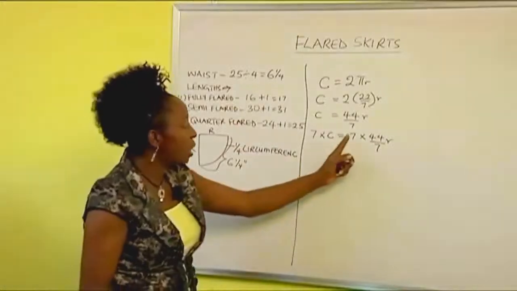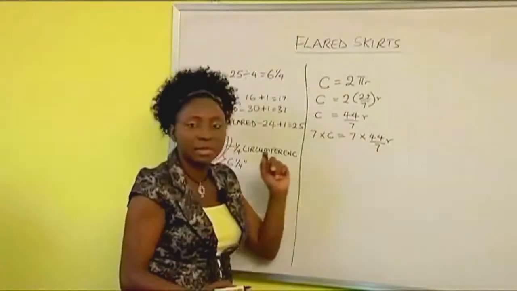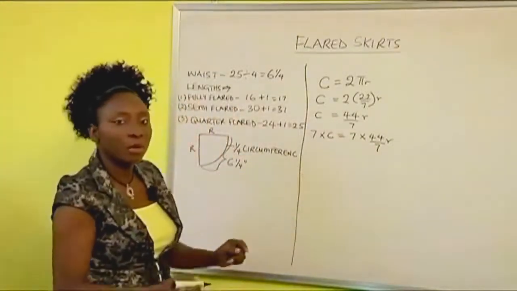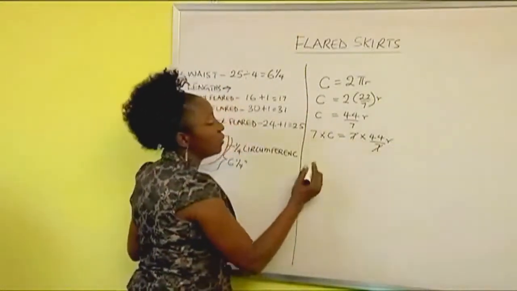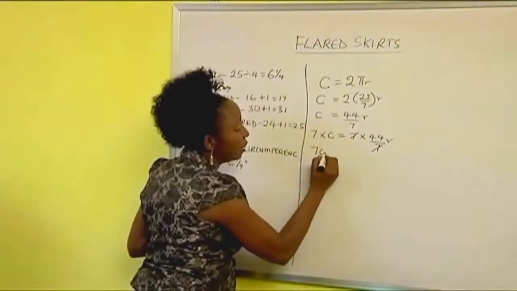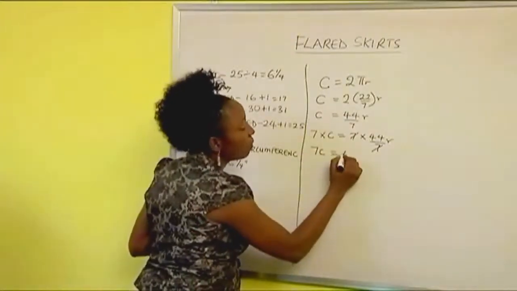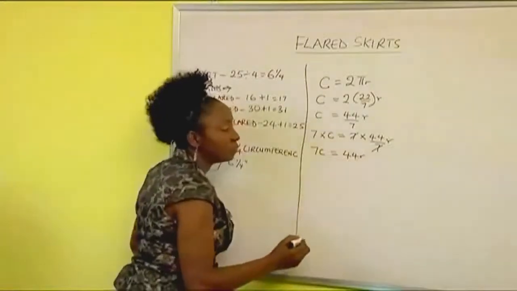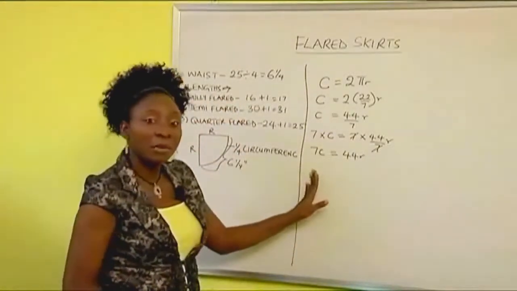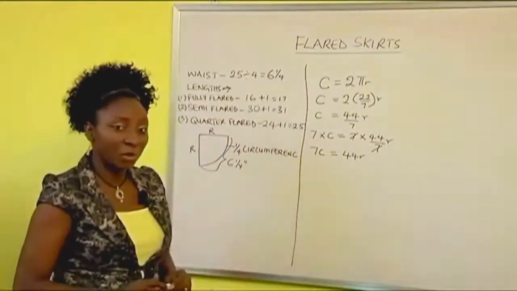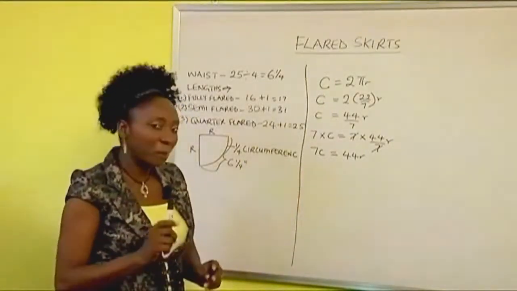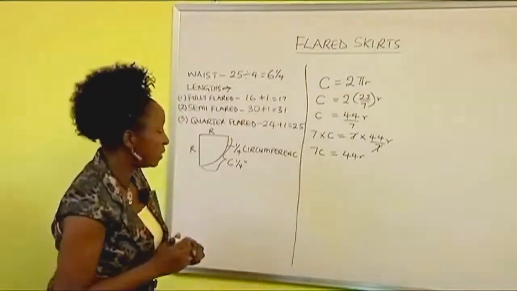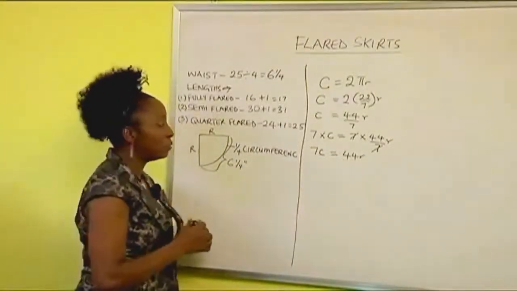In mathematics, once you have this, you know 7 will cross 7 out, so you cross those out. What you're left with is 7C equals 44r. So you can see that we're very close to making r the subject of the formula. So I want to divide both sides by 44. Very clever. That's why mathematics is very good for life.